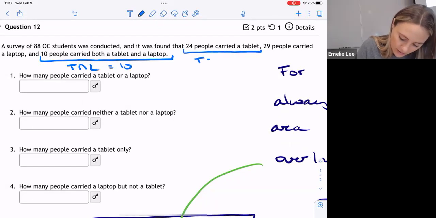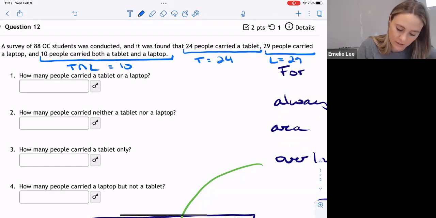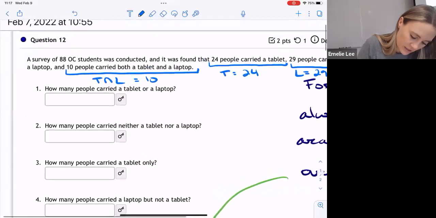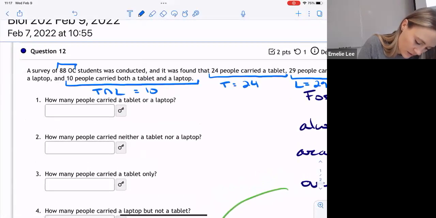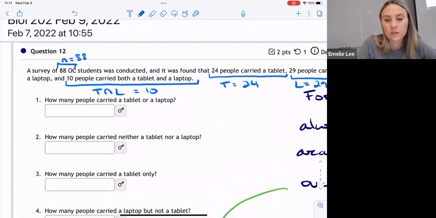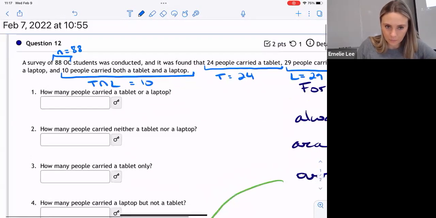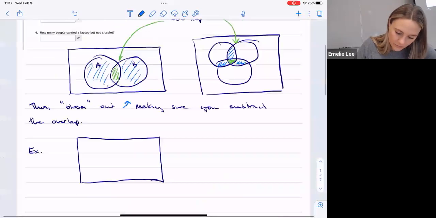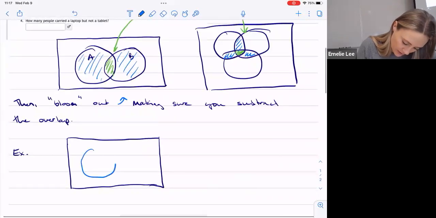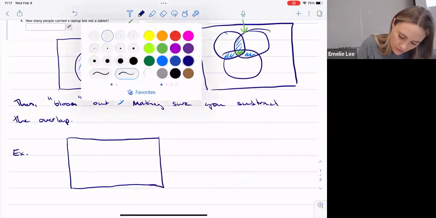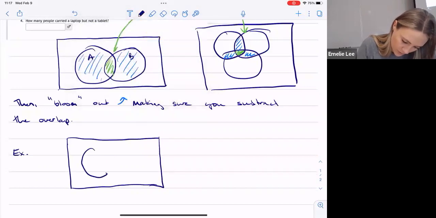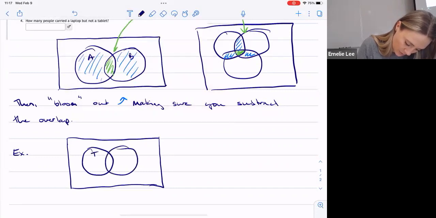The tablet has a count of 24 and laptop has a count of 29. And N is 88. So we're going to have a tablet and a laptop.